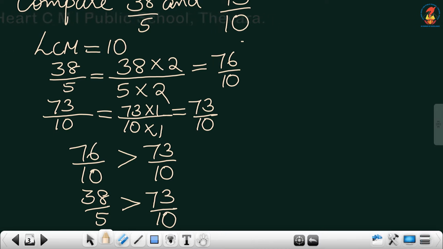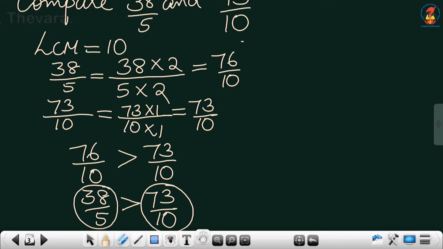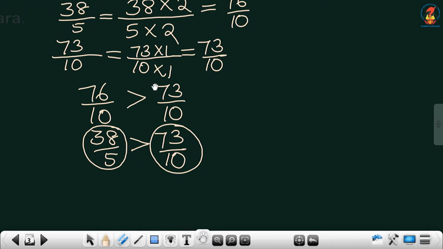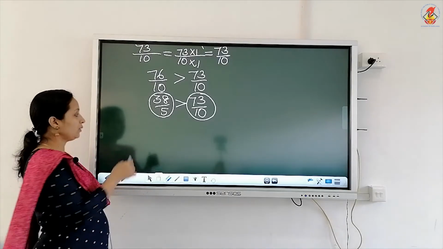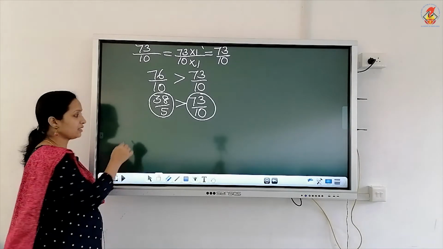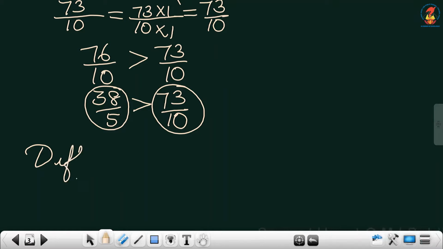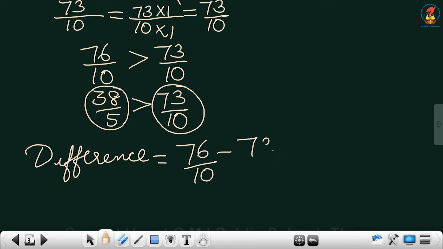And we know that this is the width of the picture and this is the width of the frame. So, we can see that width of the picture is greater than the width of the frame. So, we have to trim. So, how will we find that? You have to find the difference, is it? 76/10 minus 73/10.